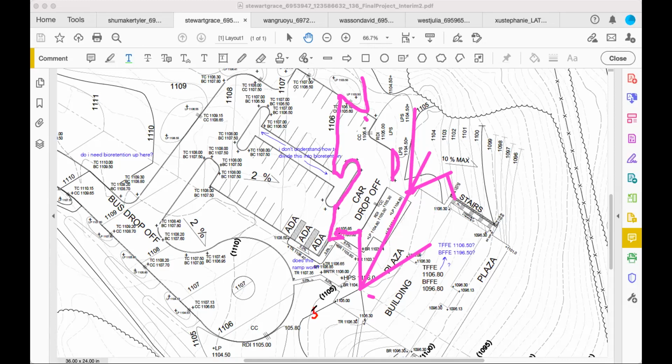So this is 5. This is 5. Your building FFE should be 5 point something because you don't have a 6, right? You only have 5 on your plaza. So that means you couldn't possibly get up to 6 without any stairs.